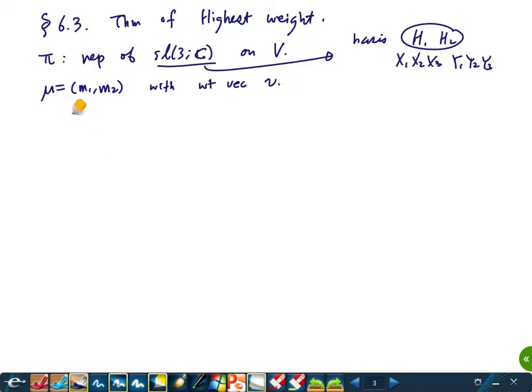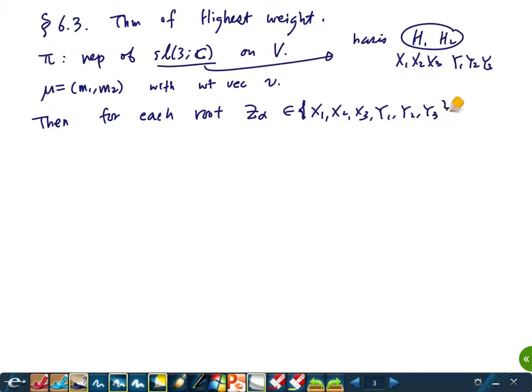Then we showed that for each root alpha, and we know that this must be one of these. So these are the root vectors. Okay, X1, X2, X3, Y1, Y2, Y3. So these are all the root vectors.